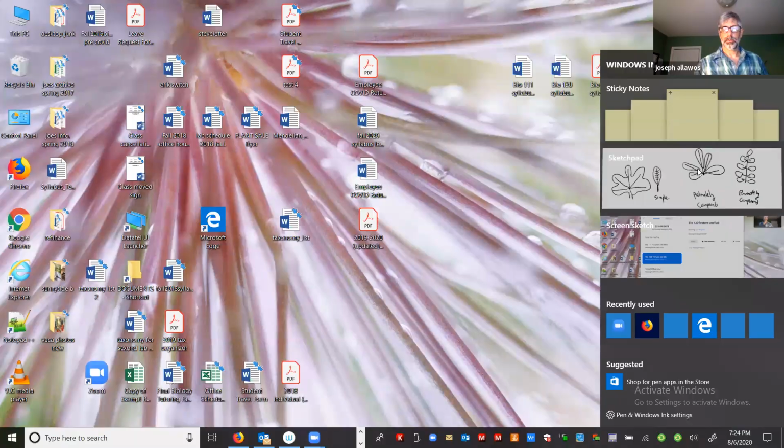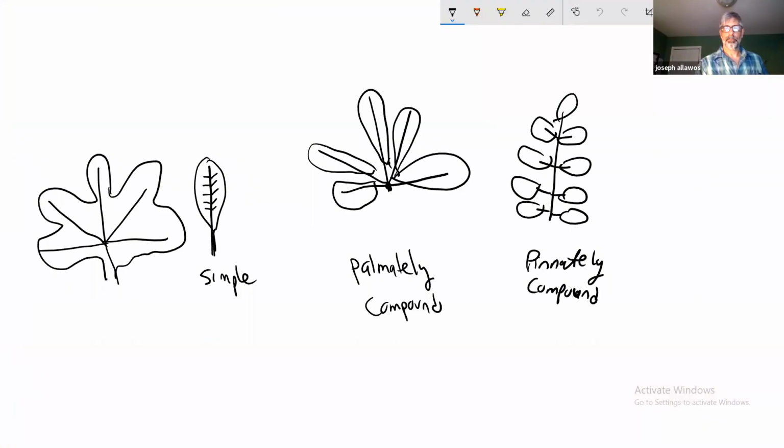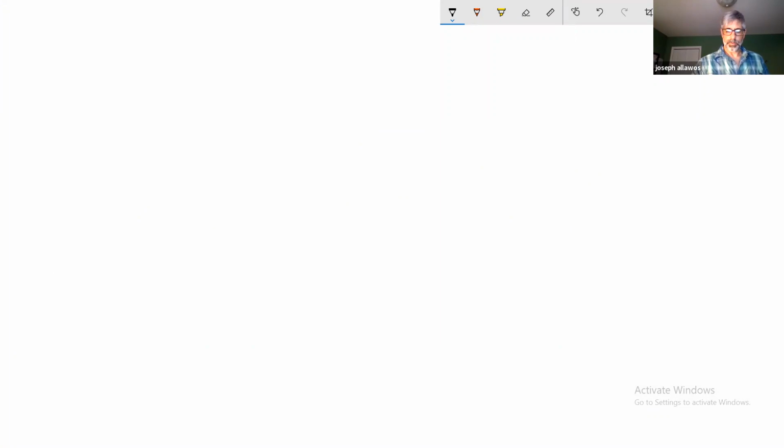Some other things about leaves that we need to be clear on. Leaves can be evergreen or deciduous. Let's take a second to define this because it's very important. There's this word deciduous versus evergreen. Evergreen, you know about evergreen, right?